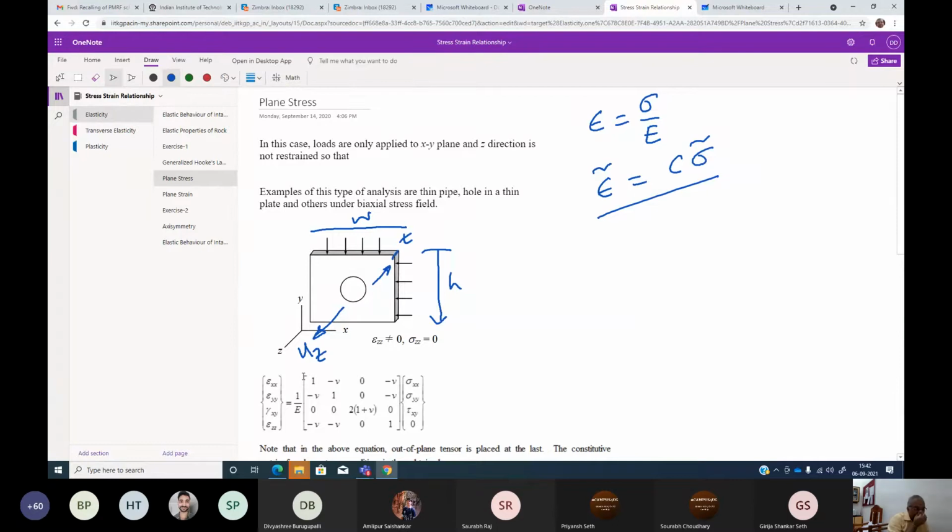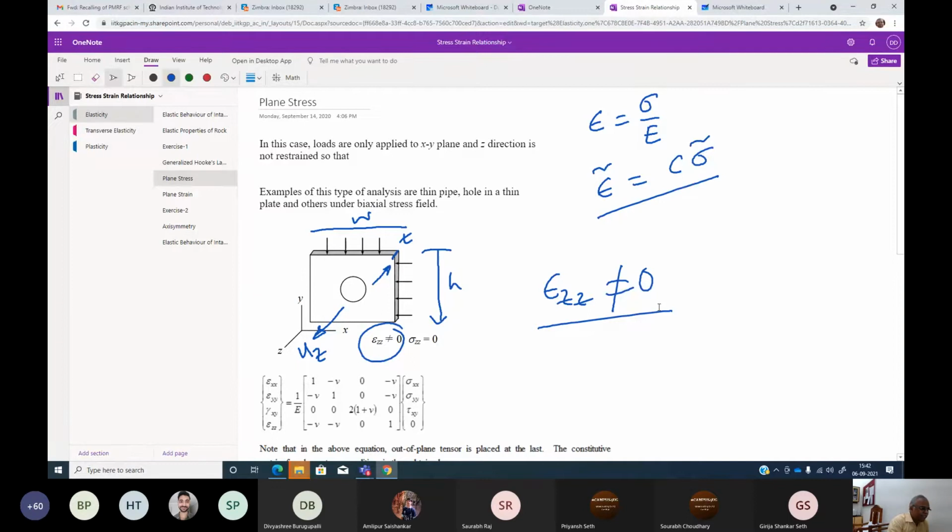Why will this UZ come? Definitely, if there is a UZ, there is a strain. So epsilon ZZ is non-zero. This is not zero. Even if I've given the load in the X and Y direction, the strain will occur because there will be a deflection in the out of plane direction.